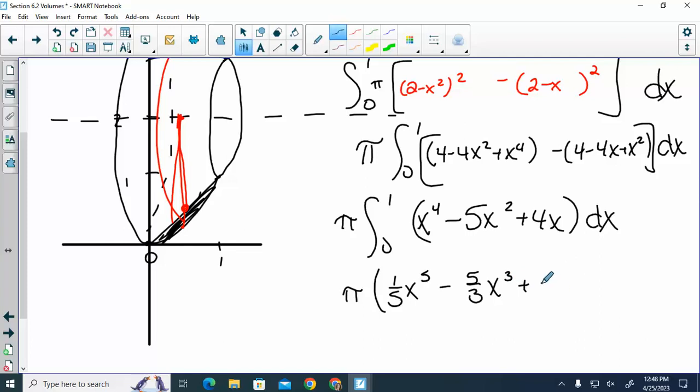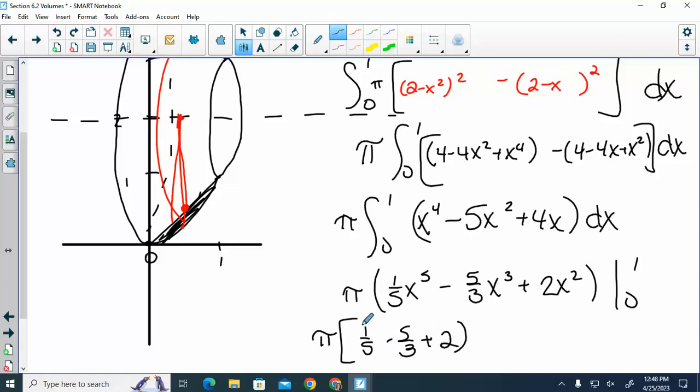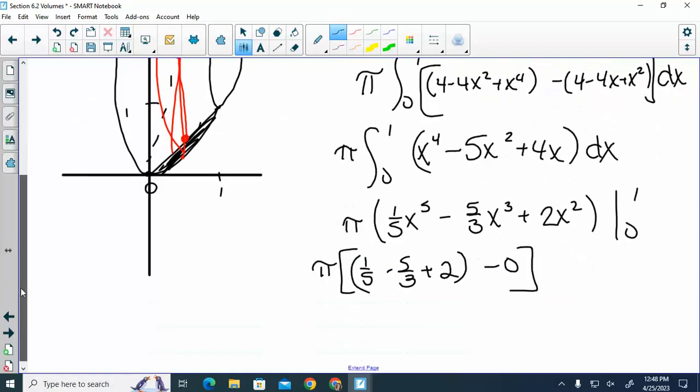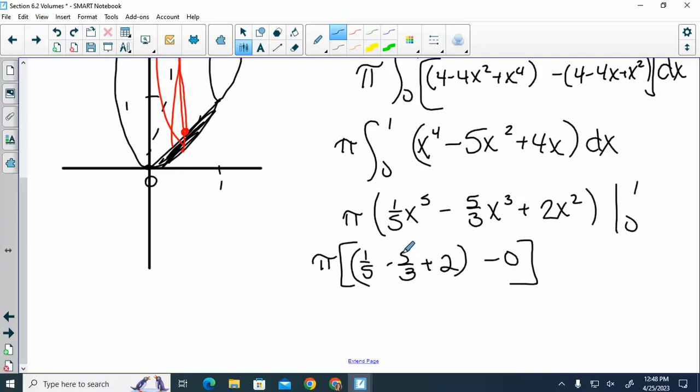Plus antiderivative of 4x, x squared, from 0 to 1. Get 8 pi over 15.